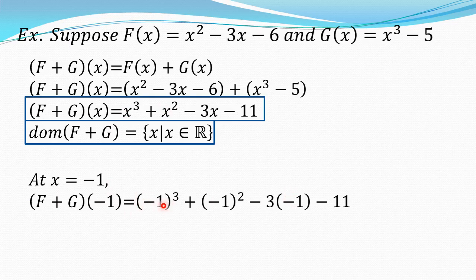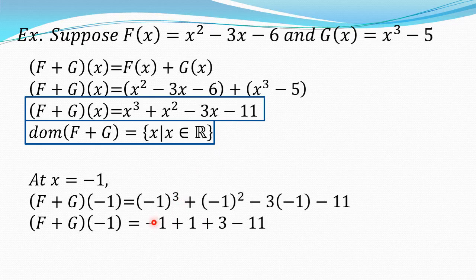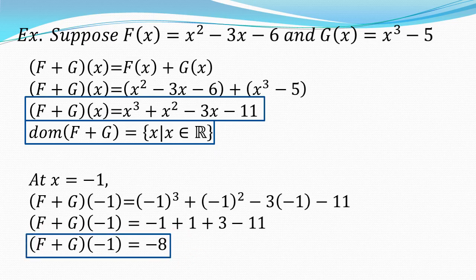So this is going to be negative 1, because negative 1 times negative 1 times negative 1, the cube, the third power here, gives negative 1. And since this is an even exponent, it's positive 1. And this is plus 3 minus 11. It is plus 3 because negative 3 times negative 1. Evaluating this, we get negative 8. So this is your final answer for f plus g of negative 1. It is equal to negative 8.